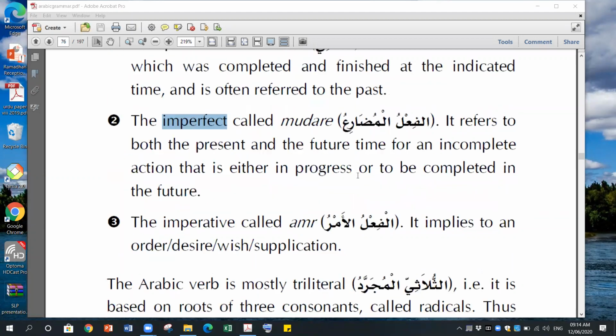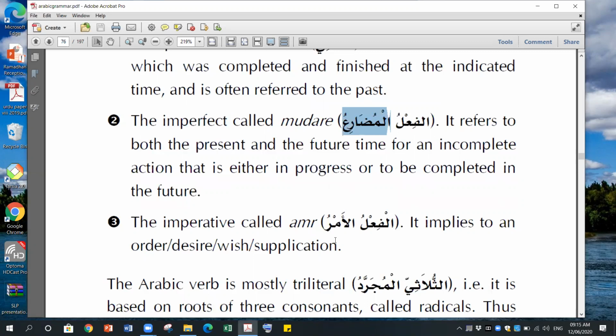Today, the third they have said is fi'lul amr, but I don't name it as a different one because this is made from mudare itself. If you understand mudare, you will make fi'lul amr from it. Amr means that when you want to order or desire or wish, like, open your book.